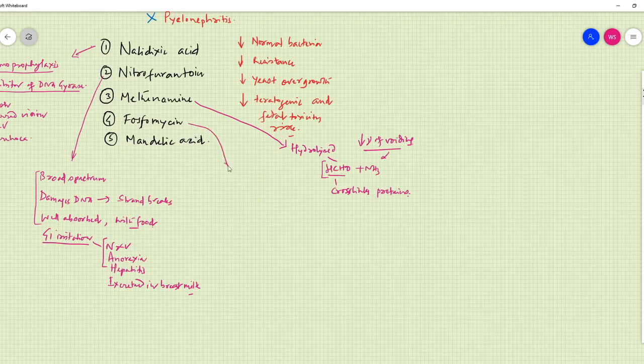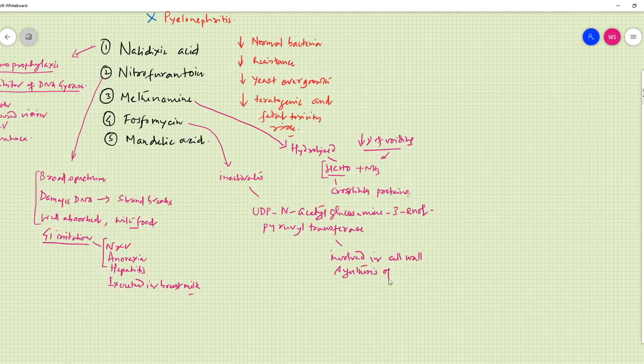So let's take the next drug, fosfomycin. What fosfomycin does is it inactivates an enzyme that is called uridine diphosphate N-acetylglucosamine 3-enolpyruvyl transferase, that is involved in cell wall synthesis of both gram positive and gram negative bacteria.